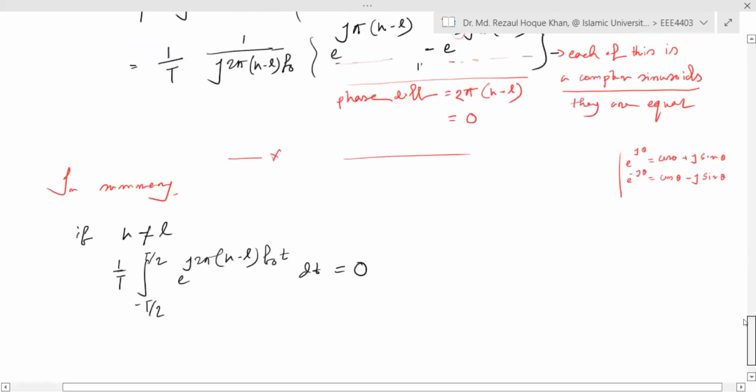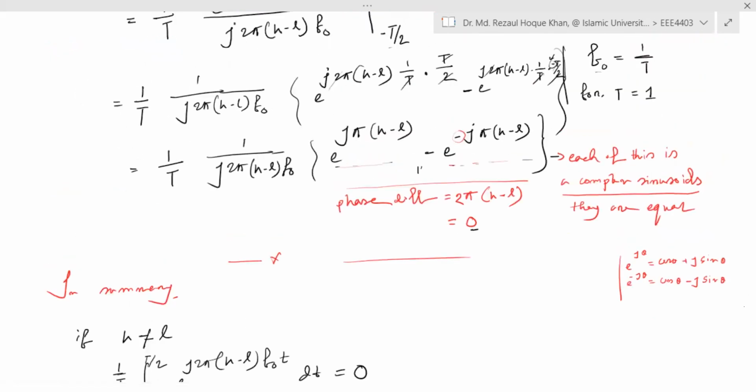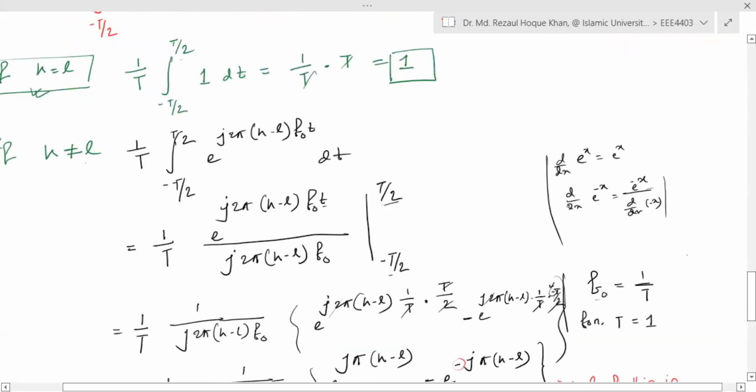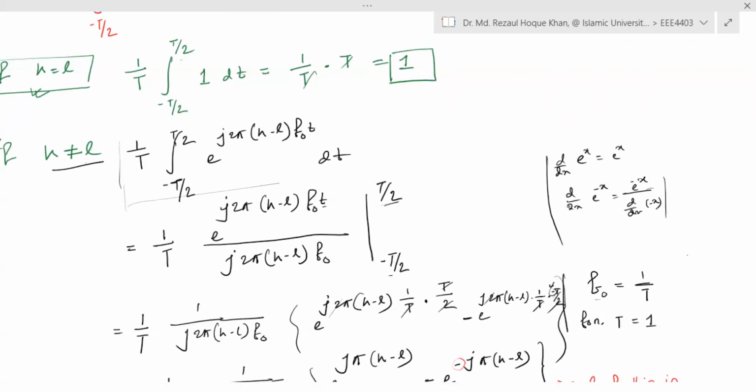We find it from here. This is 0 because k is not equal to l.